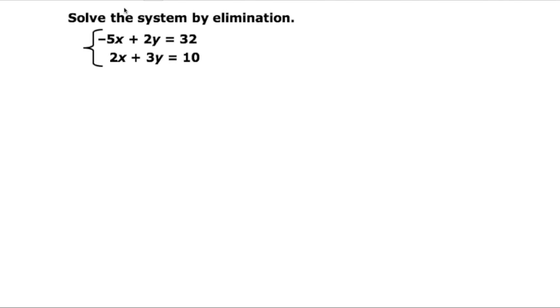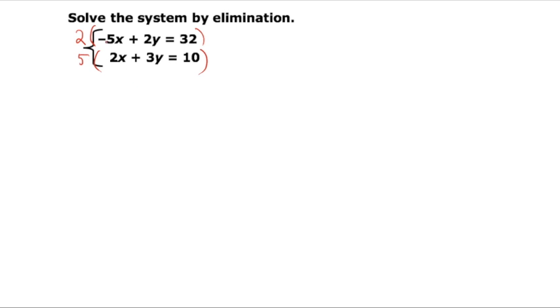So what I'm going to do is multiply each of these equations by the other number. So I'm not going to do anything with the signs, just the number. So I'm going to multiply the top equation by 2 and the bottom equation by 5. It's kind of like trying to find a common denominator.